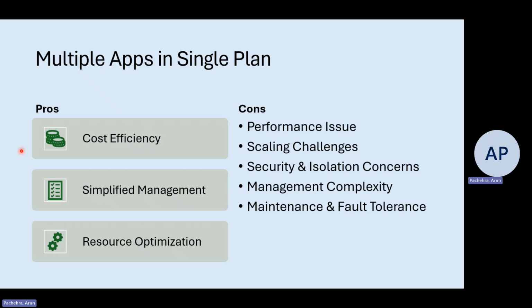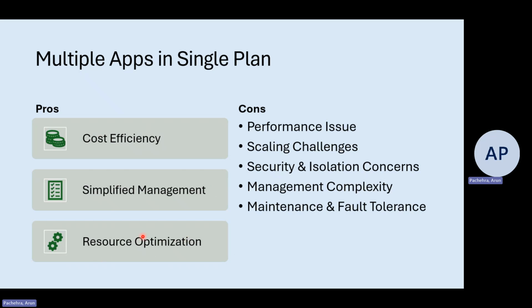Let's say you have a reporting app that peaks in usage during the day and a data processing app that runs heavy calculations at night. That's how it usually works, right? Data processing at night and the reporting application during the daytime. Since they don't use resources at the same time, putting them on the same plan ensures you are using the available CPU and memory effectively without leaving resources idle.